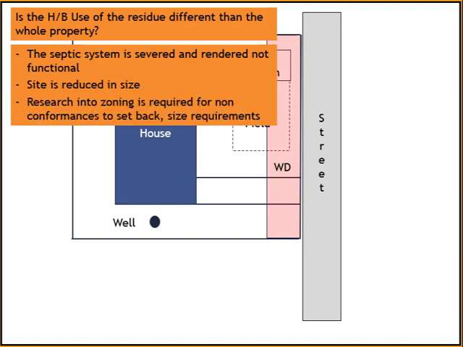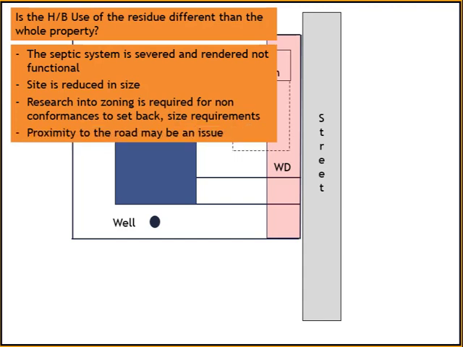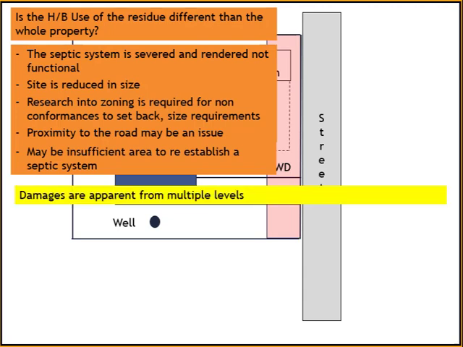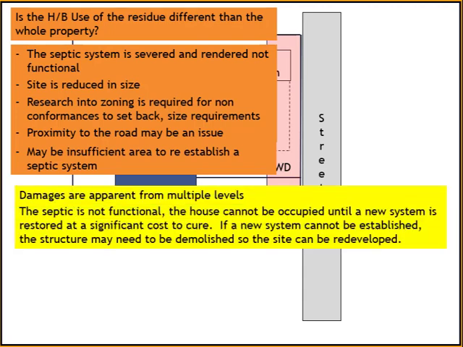Research and zoning is needed to determine what nonconformances are to setback and size requirements. Proximity to the road may be an issue. May be insufficient area to reestablish a septic system because a septic system cannot be too close to a well. Damages are apparent from multiple levels. The septic system is not functional. The house cannot be occupied until a new system is restored at a significant cost to cure.